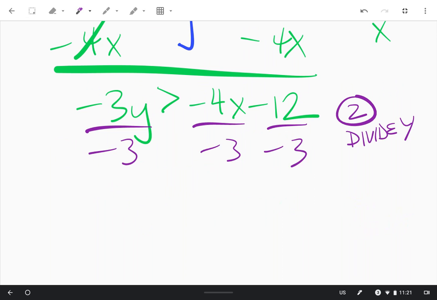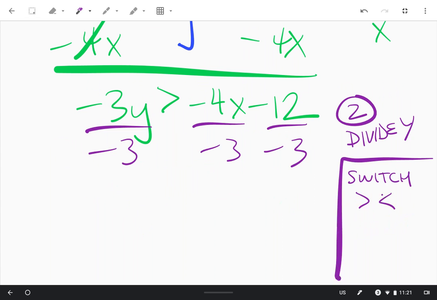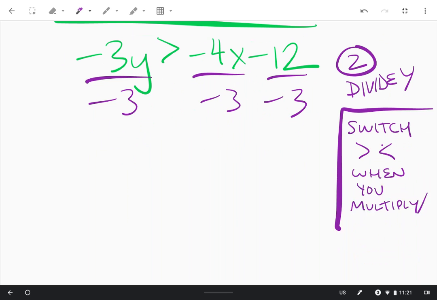One thing I need to remember is that whenever I'm dealing with inequalities, I need to remember to switch the inequality symbol when you multiply or divide by a negative. That's what's going to happen in this step of the process.